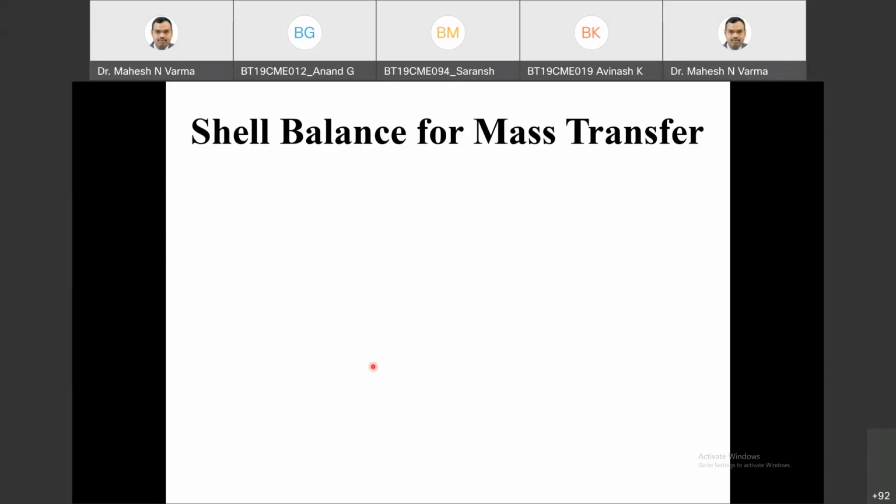So, as we have seen, we have dealt with shell balance for momentum transfer, initially shell balance for heat transfer, and now we will be dealing with shell balance for mass transfer.